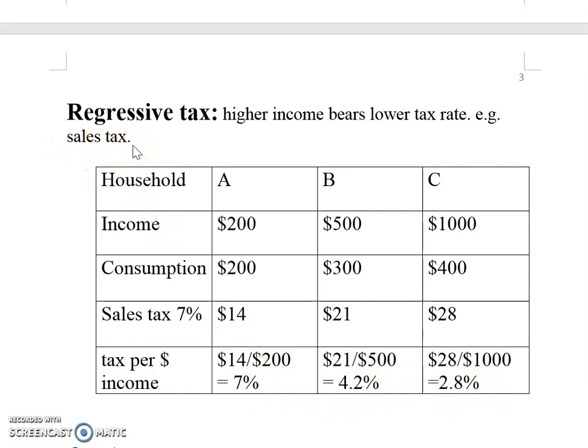Do you understand? Now, some people actually say this. They say that as income is higher, people consume more. Therefore, by absolute value, C pays more tax than B, the middle income, and B pays more tax than A, the lowest income in this example.